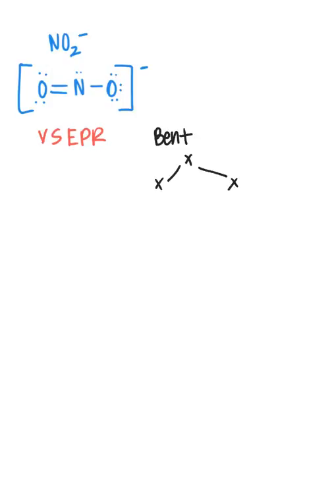So that's how it's basically going to look when we add our very own molecule in. Nitrogen is going to go on the top because it's the central atom. And then we're going to have the 2 oxygens.